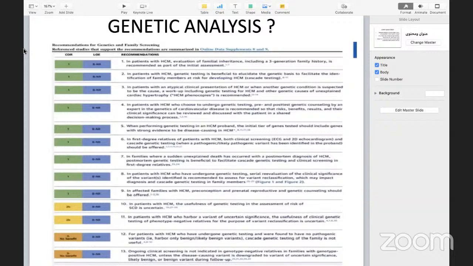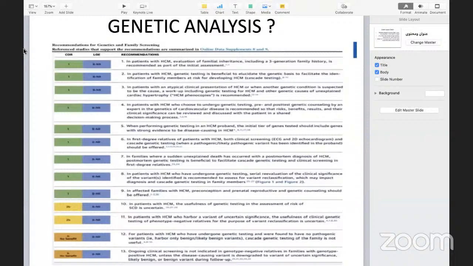This is a table showing the guidelines for genetic analysis. I know it's not clear, but what I had read is that genetic analysis is not necessary, but when I went to the guidelines, it seems that it's really important to investigate up to 3 generations in the family and do genetic analysis for them.